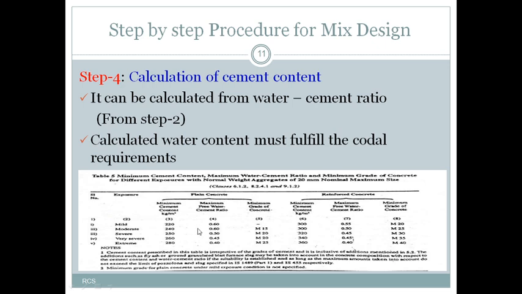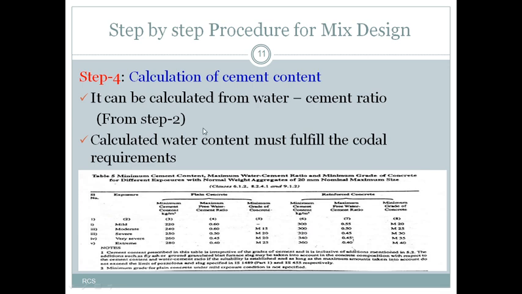What does the code say here? If you want to design an M20 grade of concrete, the minimum grade of concrete you are choosing is M20. For that, the minimum cement required for 1 meter cube of concrete is 300 kg.